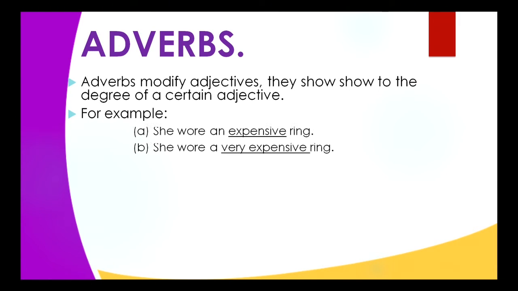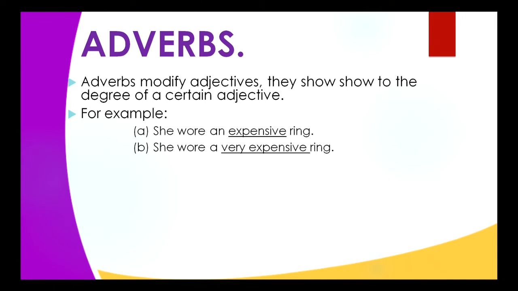Let's see how. For example, we have the first set of two sentences. We are saying, she wore an expensive ring. An adjective has been used to describe this ring. The ring is expensive. But you want to know how expensive this ring is.